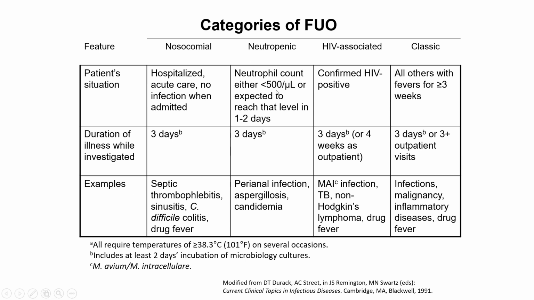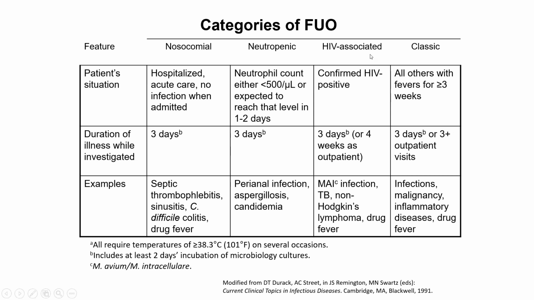Anybody who has a neutrophil count of less than 500 cells per microliter, or somebody who has a falling neutrophil count that is expected to reach that level in about 1 to 2 days, again by about 3 days, is likely to suffer from diseases such as perianal infections, aspergillosis, candidemia, etc. And so this is another group of patients where you have to consider severe fungal infections.